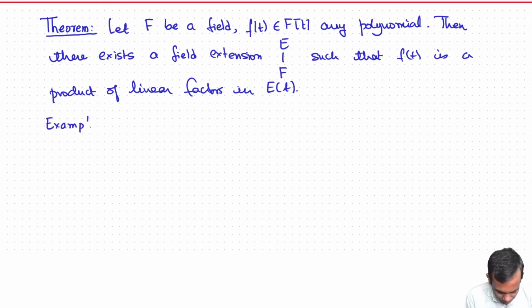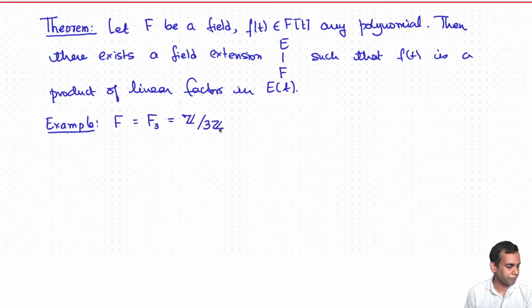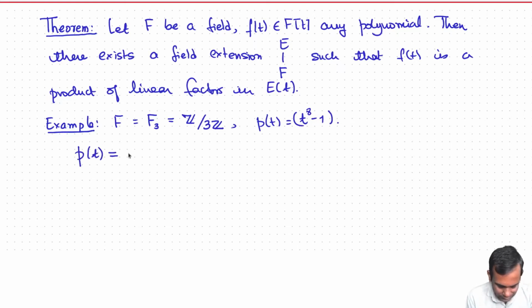So just to reinforce the abstraction that may be involved here, let's start with F being the field with 3 elements, which is just integers mod 3. Since 3 is a prime, that's a field. And let's take p(t) to be the polynomial t to the power 8 minus 1. Let's try to factorize it as much as I can.